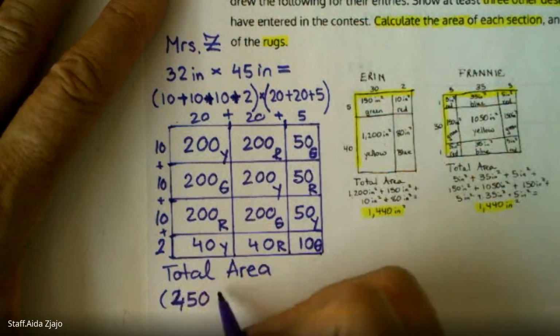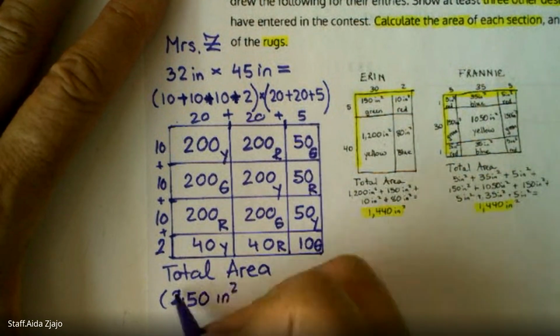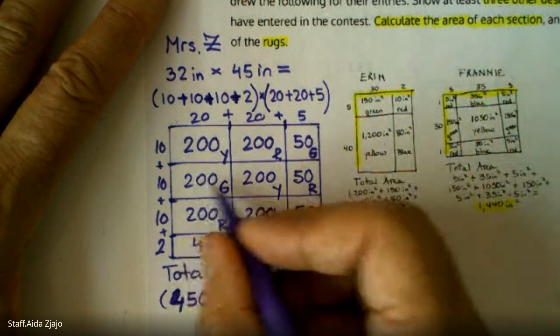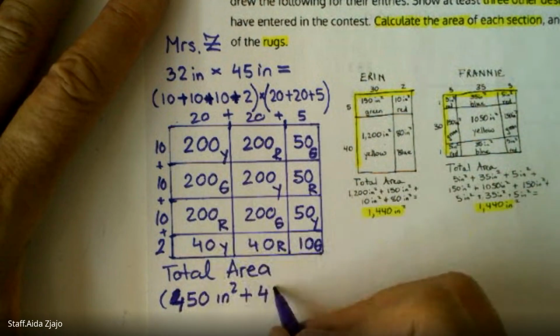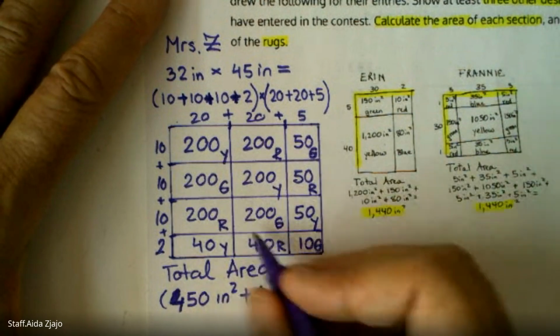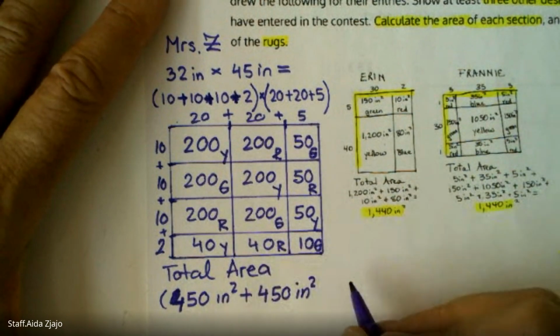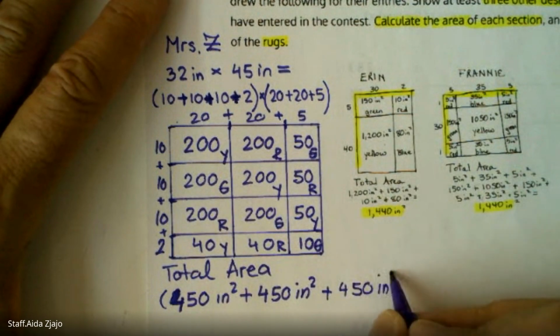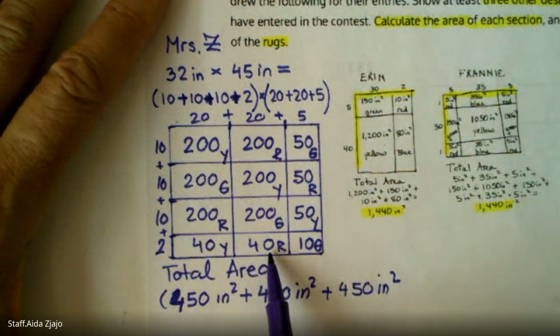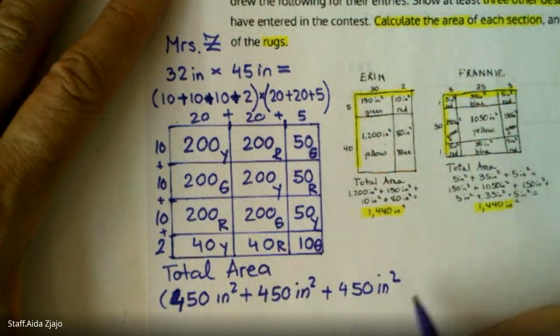Okay, and inches squared. 450 inches squared, and again 450 inches squared, and again 450 inches squared, and then the last is 40 plus 40 is 80, plus 10 is 90 inches squared.